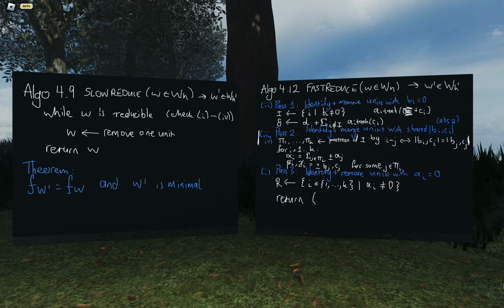But I guess I have to write it in some weird way, like alpha I1 through alpha IR, because it's not just 1 through R, it's some subset, where R is equal to I1 through IR. Anyway, then there's the betas.